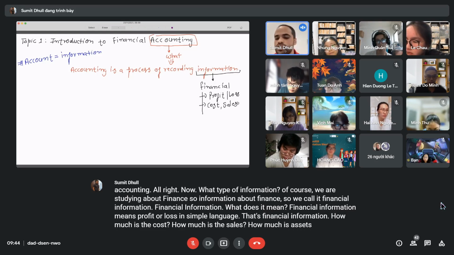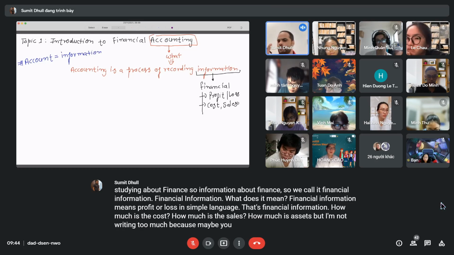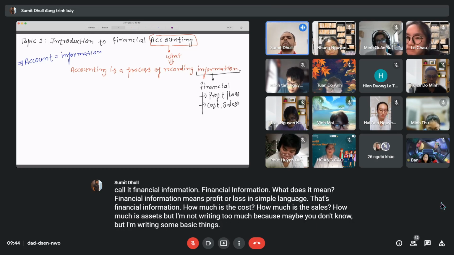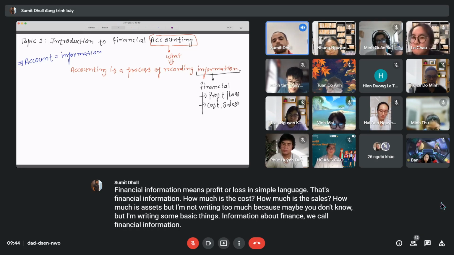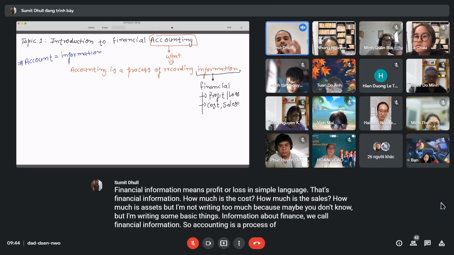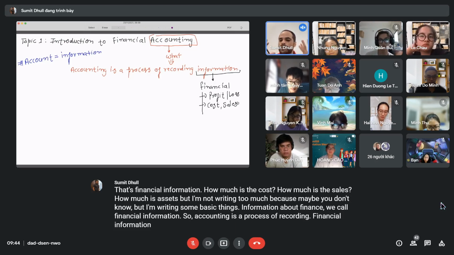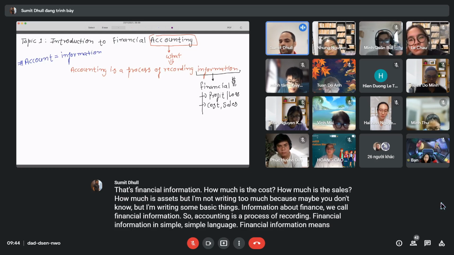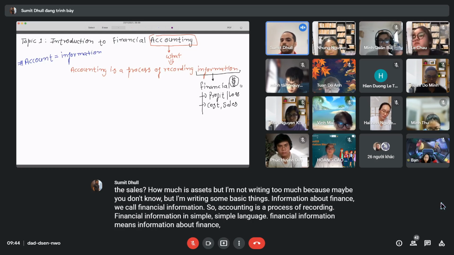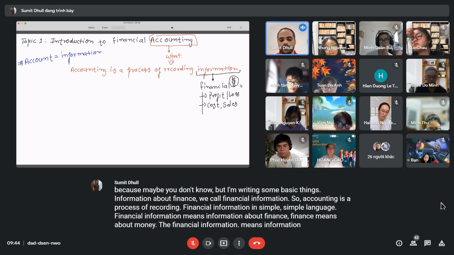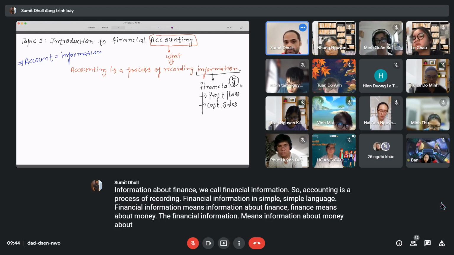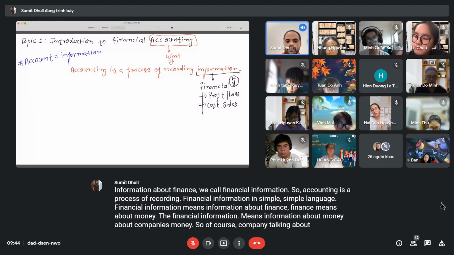I'm not writing too much because maybe you don't know yet, but I'm writing some basic things. So accounting is a process of recording financial information. Finance means money, so financial information means information about money, about companies' money. Of course, we're talking about companies.